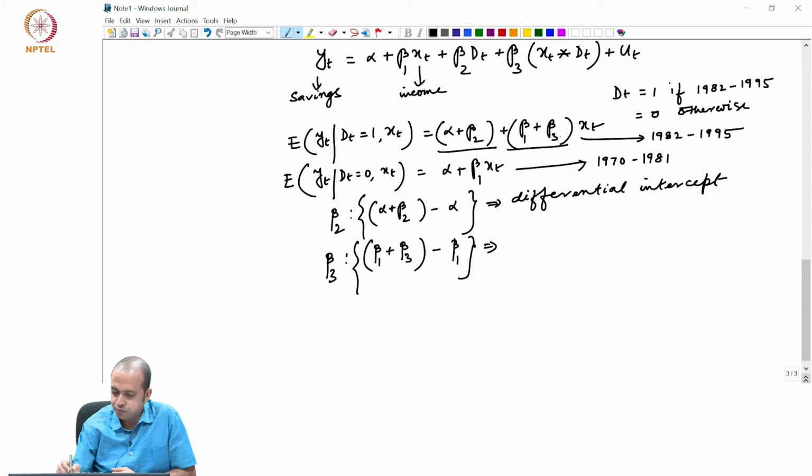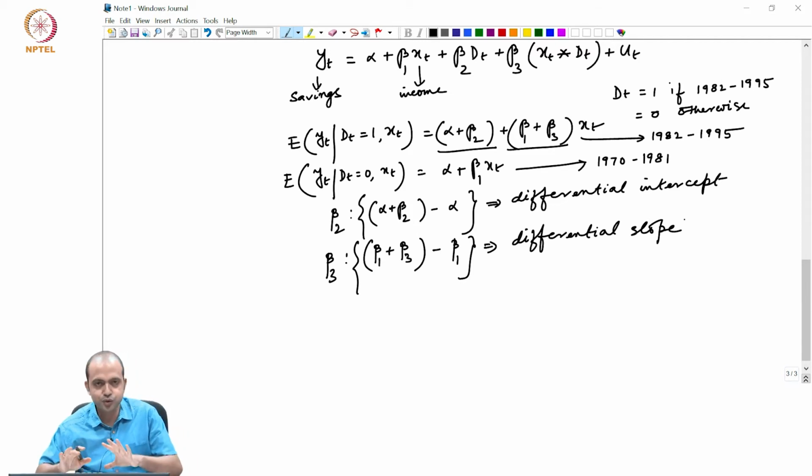Look at here, beta 1 plus beta 3 is the slope of the saving income relationship post 1982 period, that means post recession. Beta 1 is the slope for the pre recession period. So, that means beta 3 indicates differential slope.